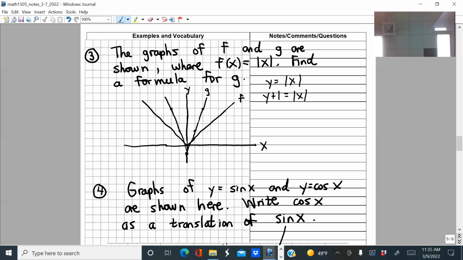For horizontal, we're doing something to which variable? X, right? Because horizontal is along the x-axis. For a shrink, though, what are you doing with x? You're not adding or subtracting from x, because that's going to give you a shift. So for a stretch or a shrink, you do what? Multiply, right? And so now we just have to figure out what's that constant that we're going to multiply by x.